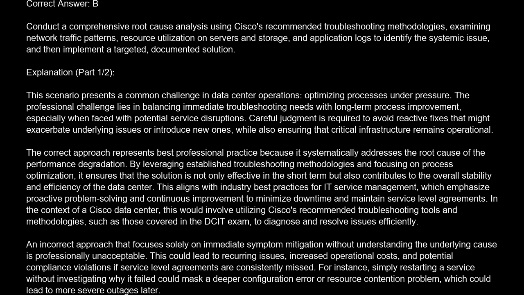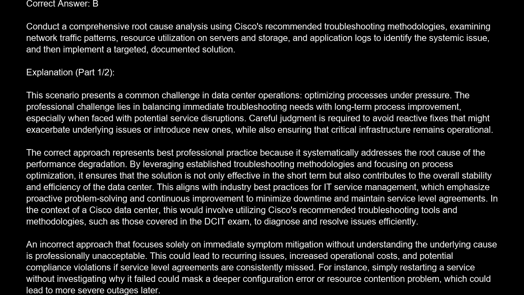This aligns with industry best practices for IT service management, which emphasize proactive problem-solving and continuous improvement to minimize downtime and maintain service-level agreements. In the context of a Cisco data center, this would involve utilizing Cisco's recommended troubleshooting tools and methodologies, such as those covered in the DCIT exam, to diagnose and resolve issues efficiently.